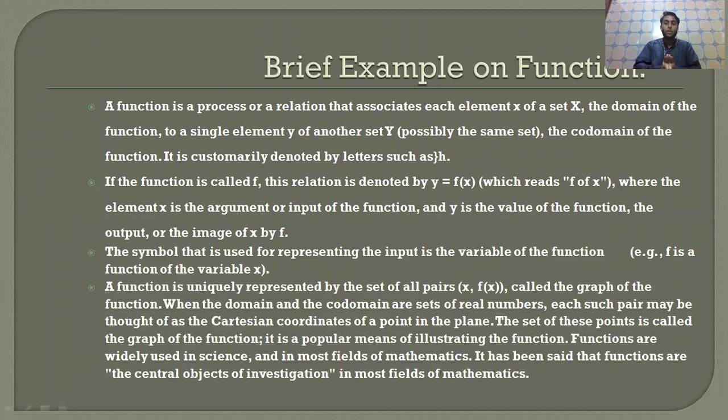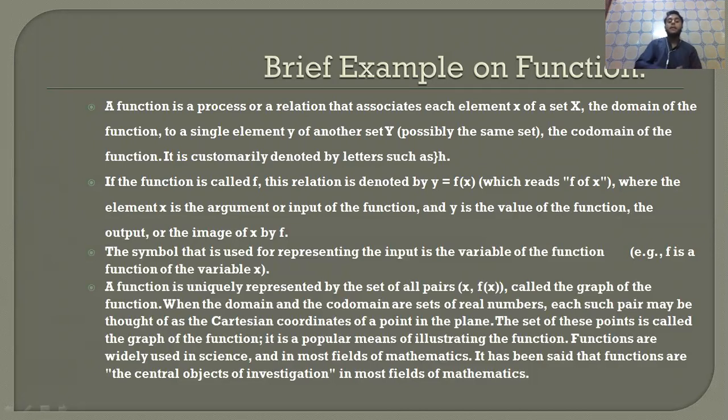The symbol that is used for representing the input is the variable of the function. For example, f is a function of the variable x. A function is uniquely represented by the set of all pairs (x, f(x)), called the graph of the function.